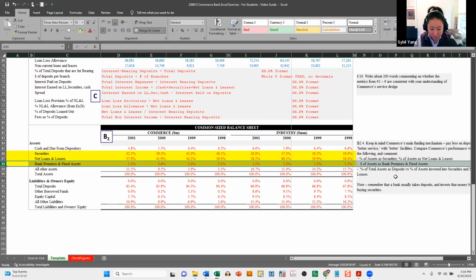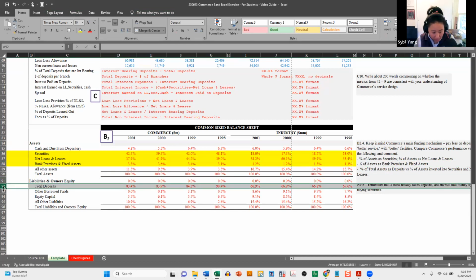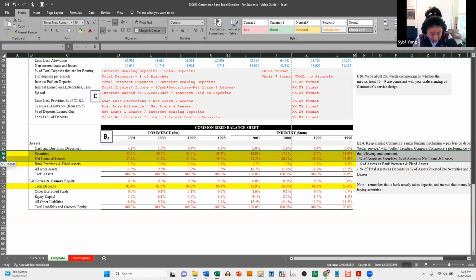And then think of the total assets as deposits, as deposits versus the assets that are invested in securities that are invested out. So how am I going to do this?